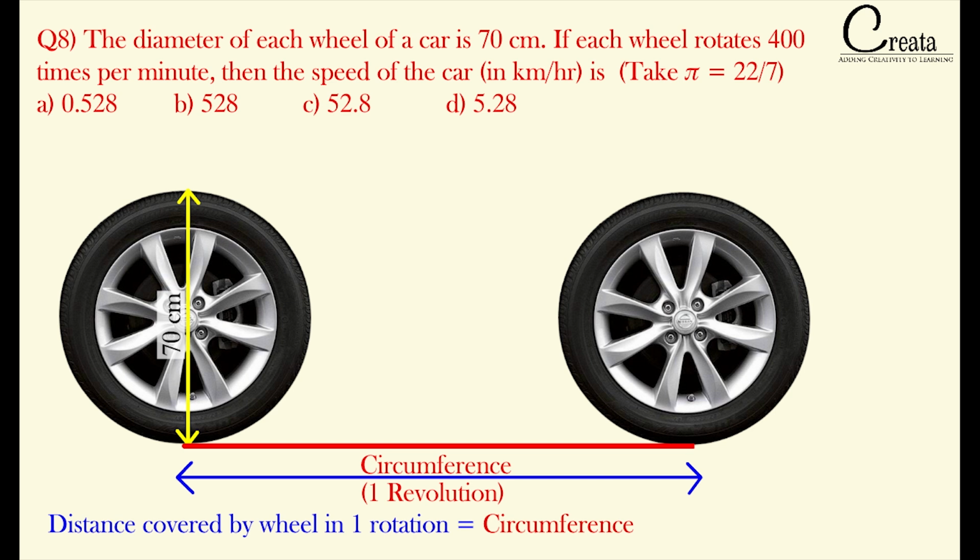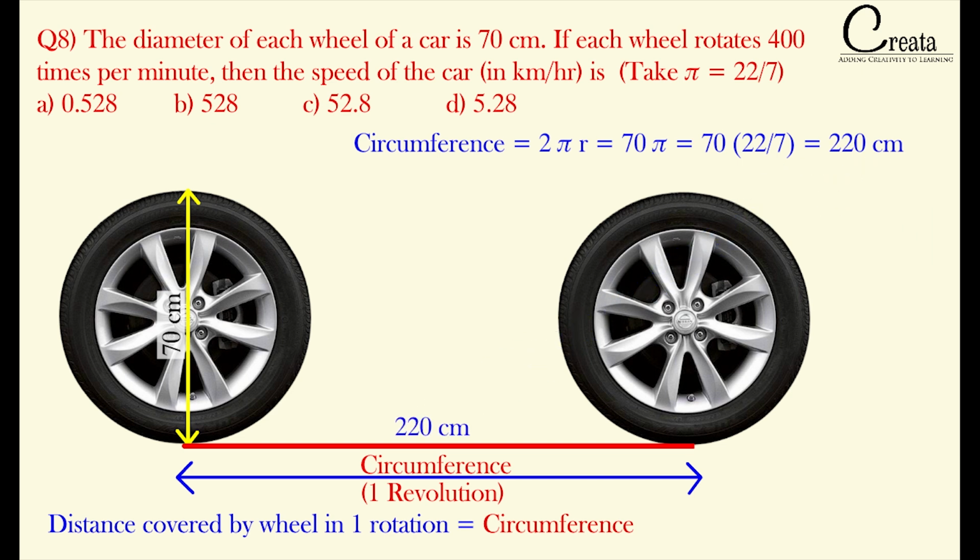And we know the circumference of a circle is 2 pi r. And in the question, the diameter, that is twice the radius, is given as 70 centimeter. So we got the circumference as 70 into pi, that is 70 pi. And pi is given as 22 by 7. On putting the value, we got the circumference of the wheel as 220 centimeter. It means that in one revolution of the wheel, the car will travel 220 centimeter.